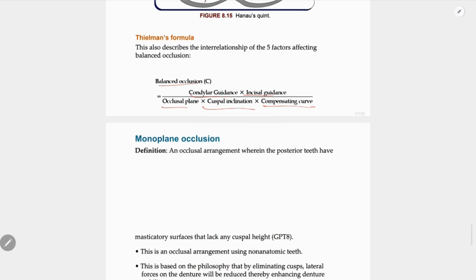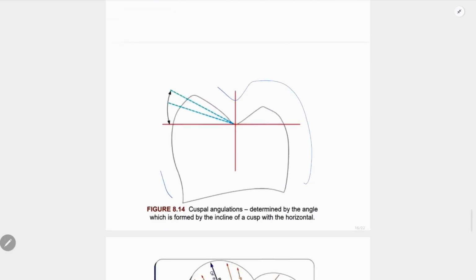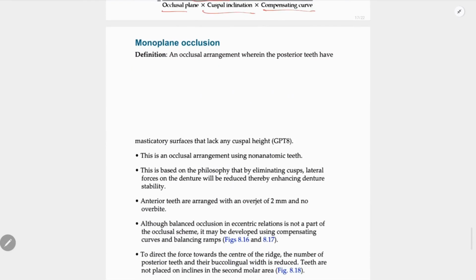So these are all the important factors that you need to write in balanced occlusion, with the definitions for each and every factor. It is very important to mention the cuspal inclination, condylar guidance, Thielman's formula, compensating curve and everything. These are the 5 main factors that affect the balanced occlusion. It is very important to draw the diagrams, as it will help you fetch more marks.